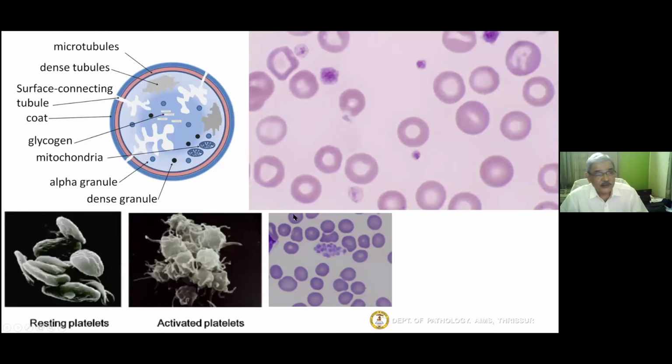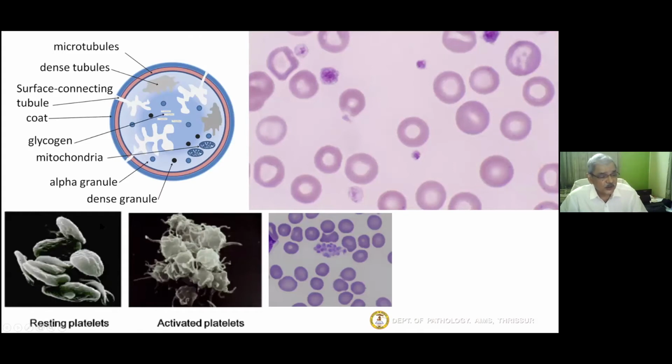Now, this is basically the normal platelet. The normal platelet has got a central darker area and a peripheral lighter area, which is constituted by the microtubules, and this is called the cytoplasm. And the central part generally contains the granules, and it will contain the secretory apparatus of the platelet.